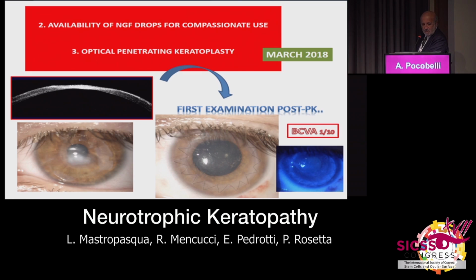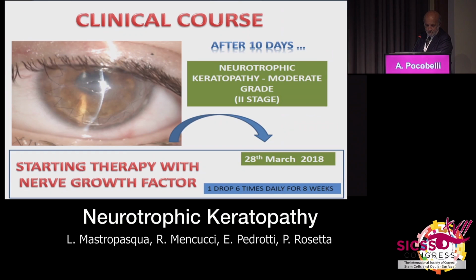So the NGF was in the fridge, so we performed the keratoplasty, and the epithelium was okay. After 10 days, epithelial defects emerged, and so we got into stage 2 neurotrophic keratopathy within and without the limbal flap.